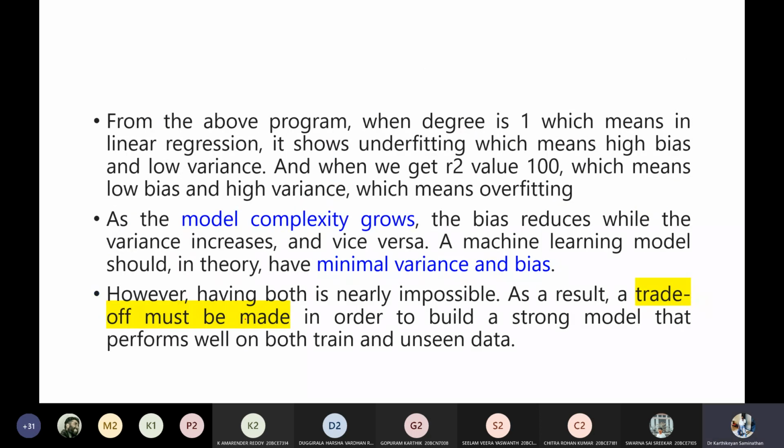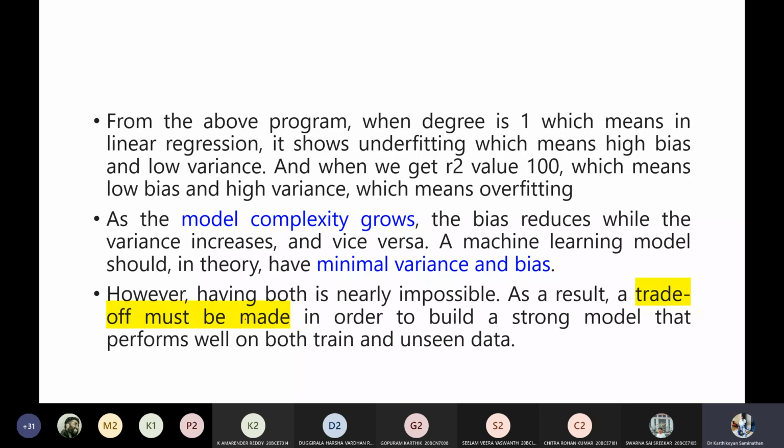Trade-off means there should be a difference. Whenever model complexity grows, the bias reduces while the variance increases, and vice versa.